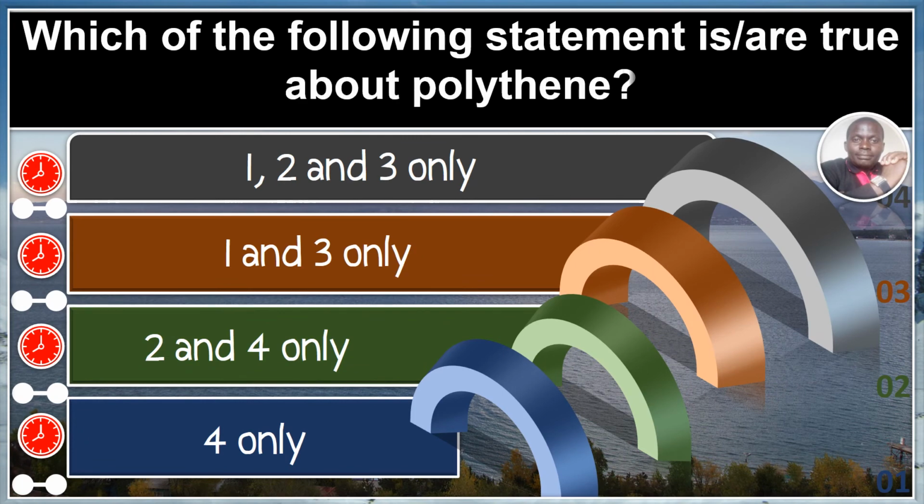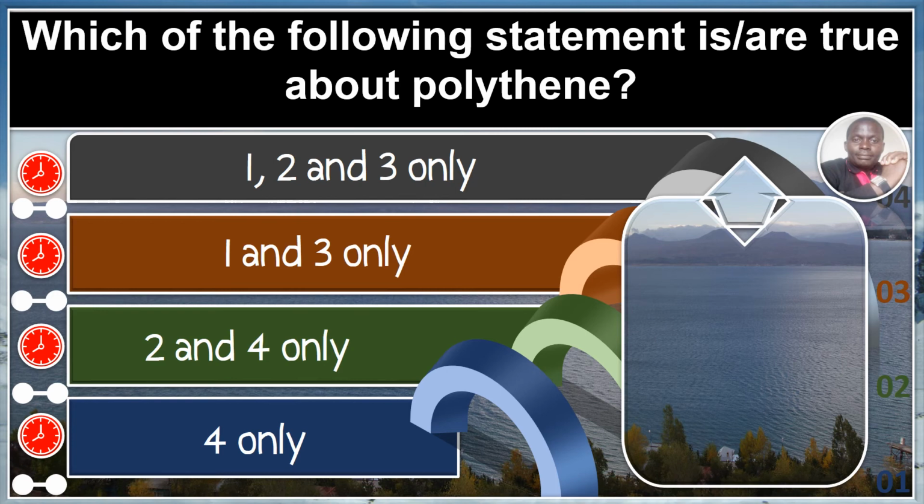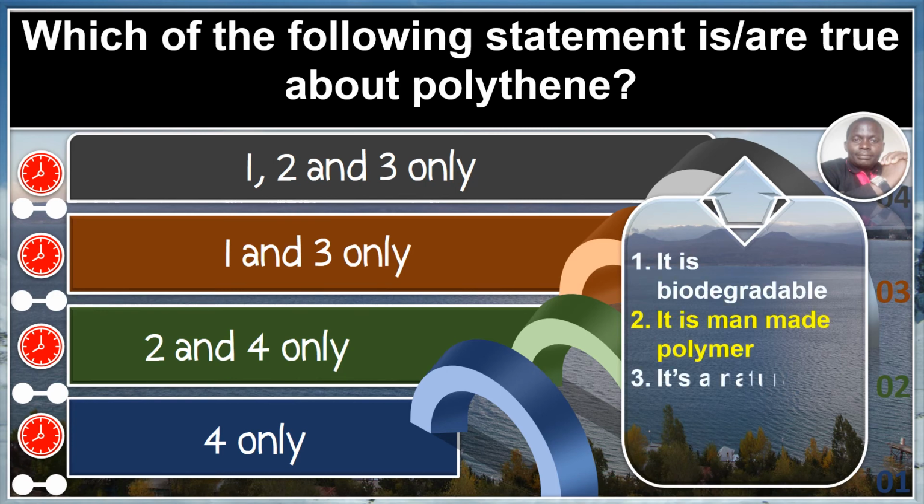Which of the following statements is or are true about polythene? 1. It is biodegradable. 2. It is a man-made polymer. 3. It is a natural polymer. 4.